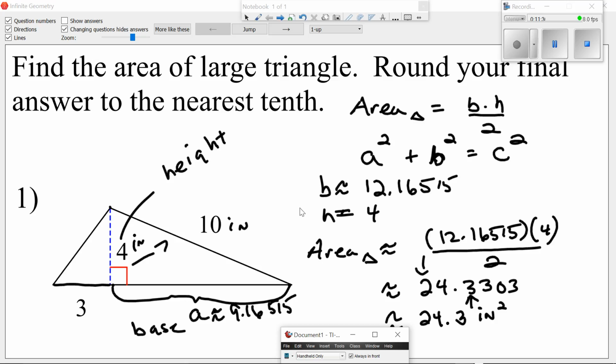This is my hypotenuse, so I set this up as leg squared plus leg squared equals hypotenuse squared, and I came up with an answer of 9.16515. I added it to the other part, which gives me the base of 12.16515. Multiplied by the height, which is 4, divided by 2, gives me my area. There you go. So let's move on to the next problem.